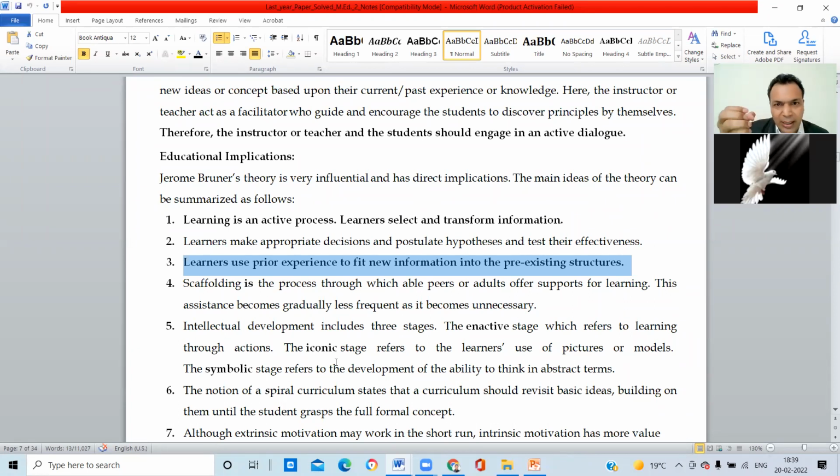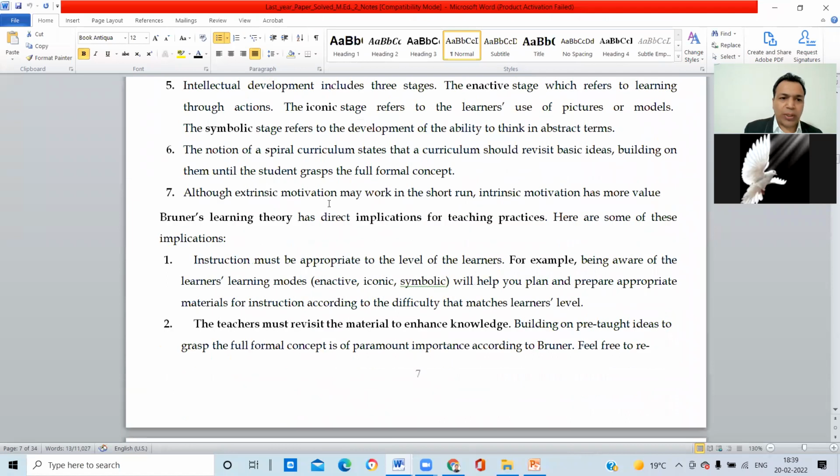If the information matches, then he learns. So this is the learning objective. Whenever you teach your students, you have to relate the information with the previous chapter. Right? Such kind of points you can write as the educational implications of Bruner's theory.